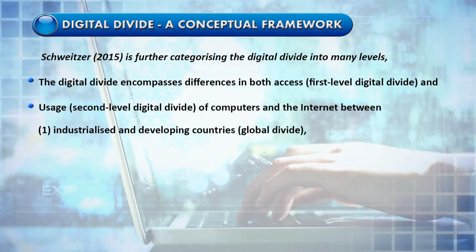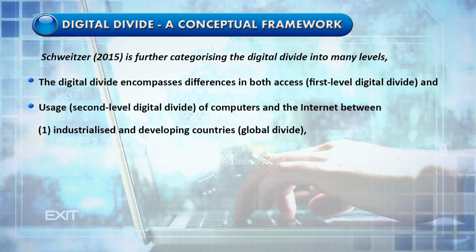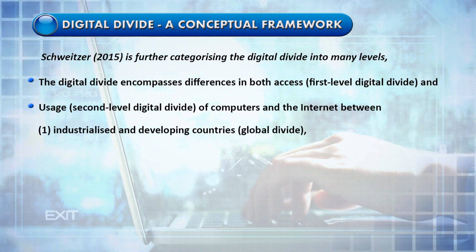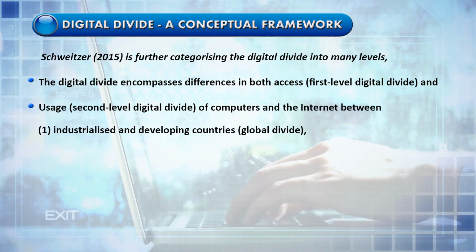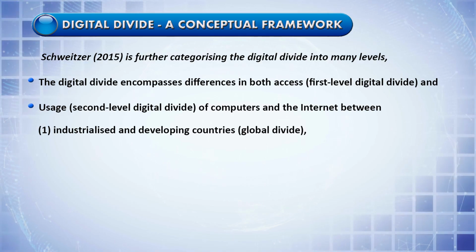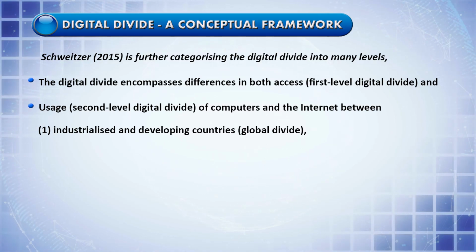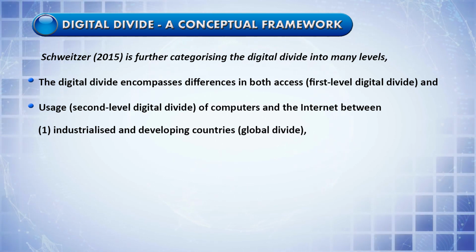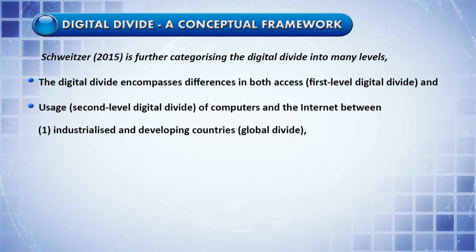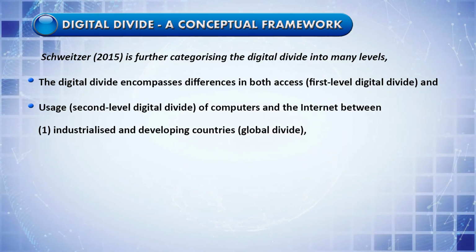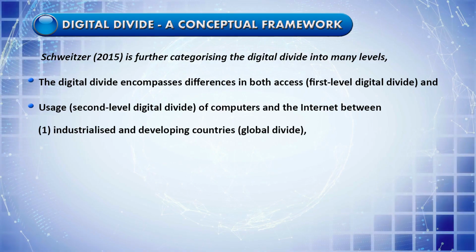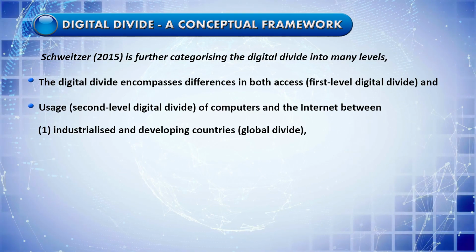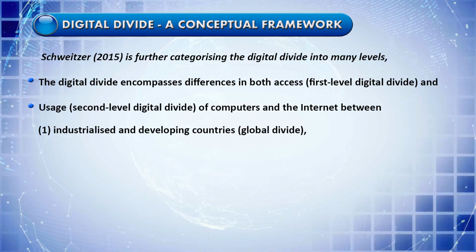So, if you look at the digital divide in a theoretical framework, we can divide it into multiple levels. The digital divide encompasses differences in access between haves and have-nots. That's the first level of the digital divide, a binary division: having access, not having access. In the second level of the digital divide, we are talking about usage of computers and the internet between industrialized countries and developing countries.